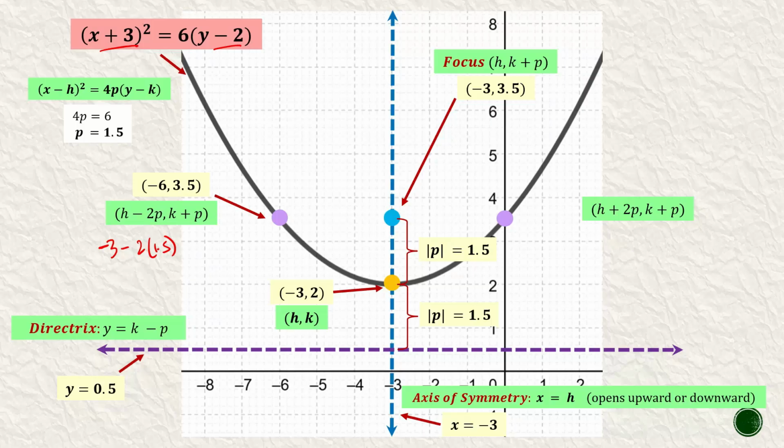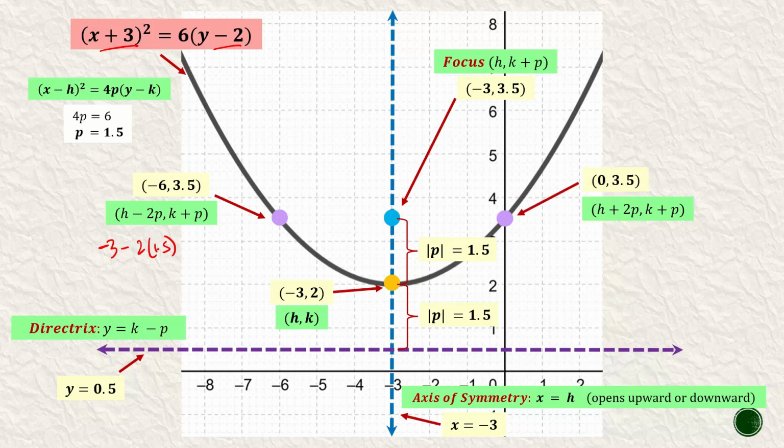Now the other end, this is the formula for that one. If on the left end we have h minus 2p, the right end is h plus 2p. Okay, and then of course the y coordinate is going to be the same as the y coordinate of our focus. So h is negative 3 plus 2 times p, which is 1.5. So that will be equal to 0, right?